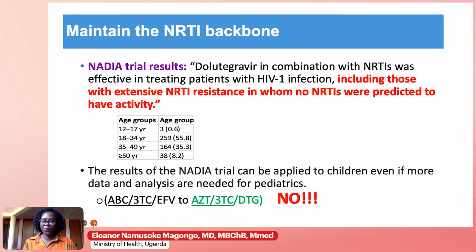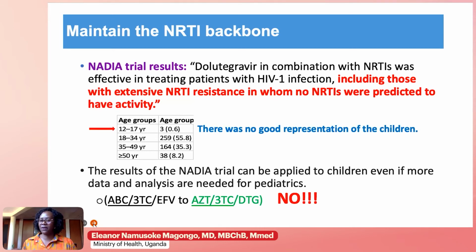I know my opponent will be quick to jump in here and say, but there was a very low representation of children. Yes, we can see that on the slide, but the results of the NADIA trial can be applied to children, even while we still need more data and analysis for children.